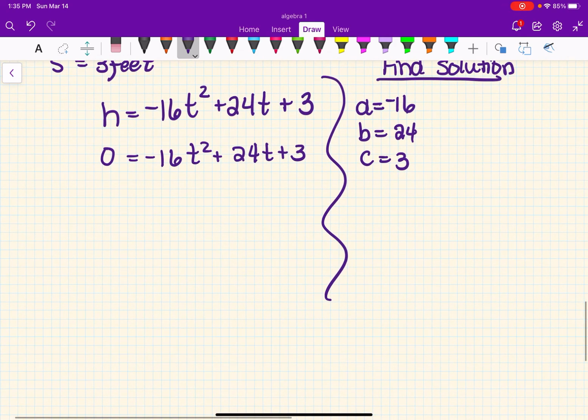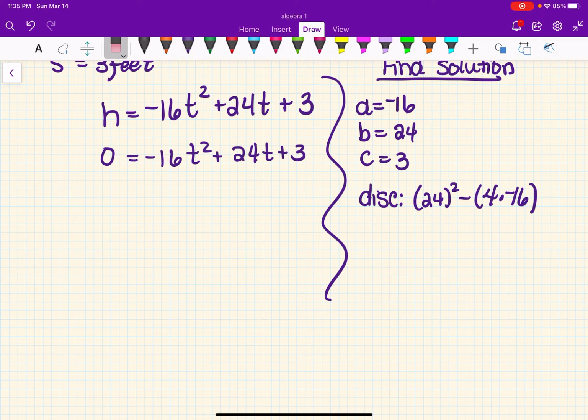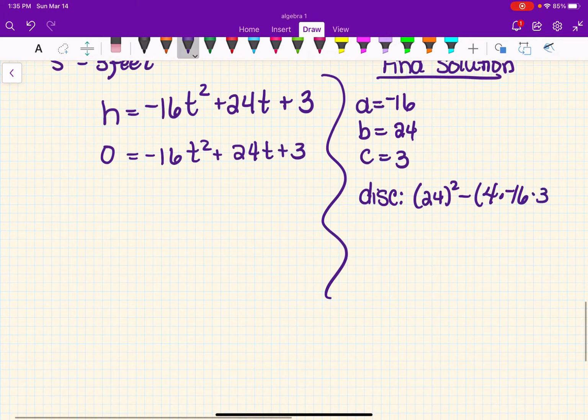Let's find our discriminant. If you didn't do this lesson, you're going to have a hard time with this. It's 24 squared minus 4 times a times c. I have my calculator here, good thing. 24 squared minus 4 times negative 16 times 3.